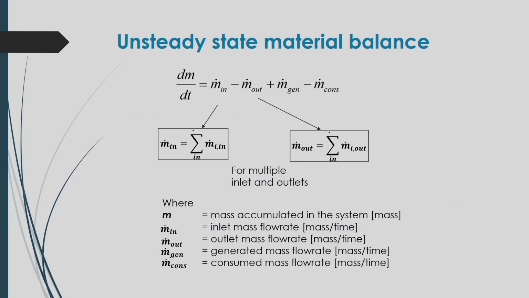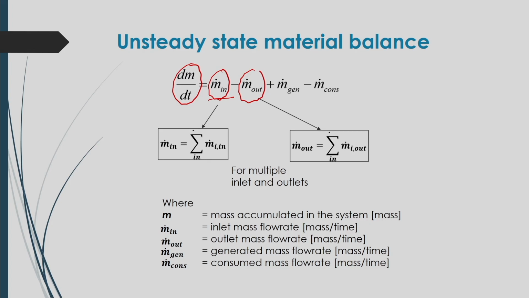Now let us write this unsteady state material balance in symbols. The accumulation of mass in the system with respect to time, that is the change of accumulated amount with respect to time, can be represented by dm by dt. Here m dot in is the mass flow rate of material coming into the system, and similarly m dot out is the rate of mass of material coming out from the system.